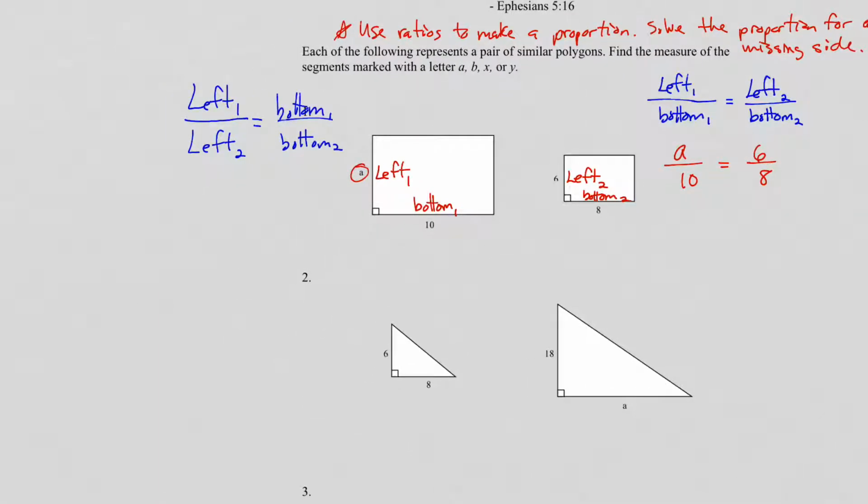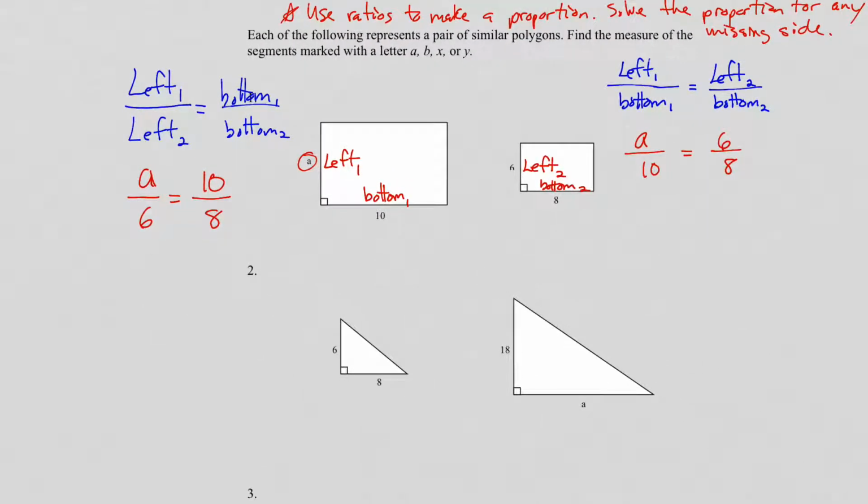And then this other one over here is left over left. So basically I'm going to do left over this left, that's one ratio, bottom over this bottom. Okay, so that's going to look like A over 6 equals 10 over 8.